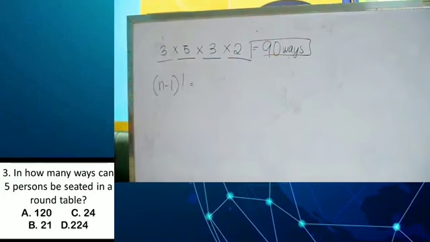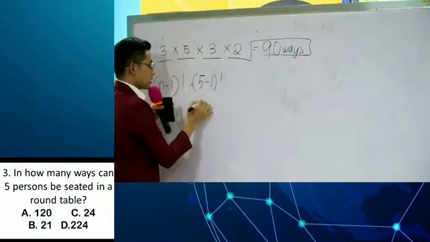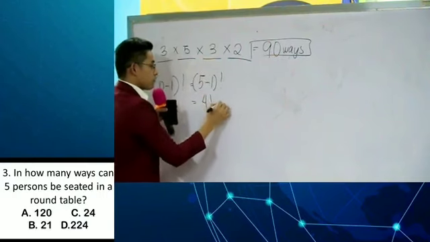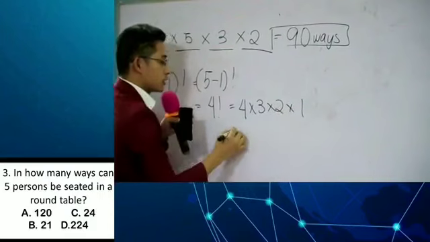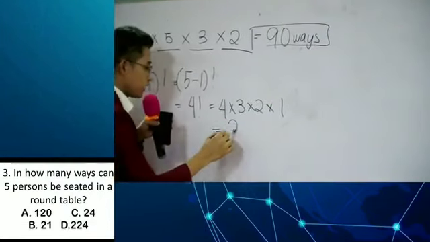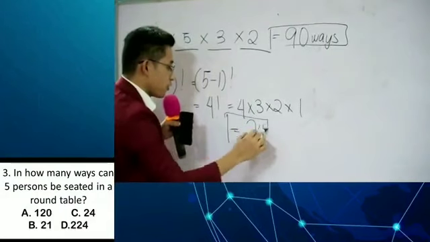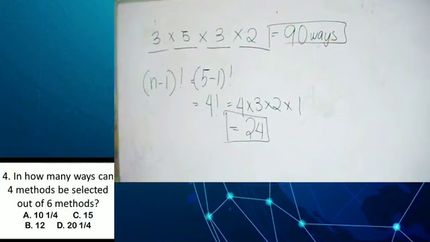So, ano again ang n natin dito? That is 5. So, 5 minus 1 factorial is 4 factorial. So, 4 times 3 times 2 times 1. 4 times 3 is 12, times 2 is 24, times 1 is still 24. So, there are 24 ways. Okay? So, nagigets niyo ba siya?